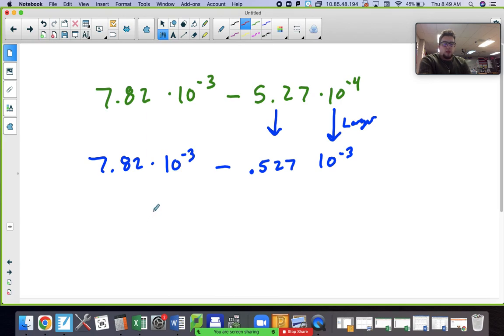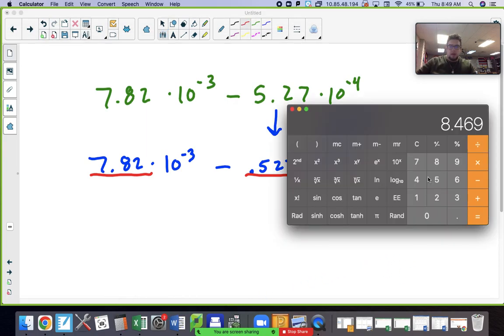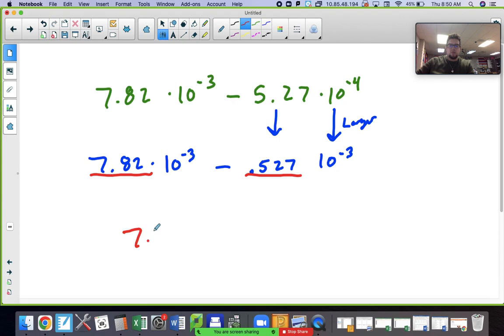And then from here we subtract 7.82 minus 0.527. I'm going to grab my calculator. 7.82, we subtract 0.527. So there's our number. I'm going to record it: 7.293, if I remember correctly.